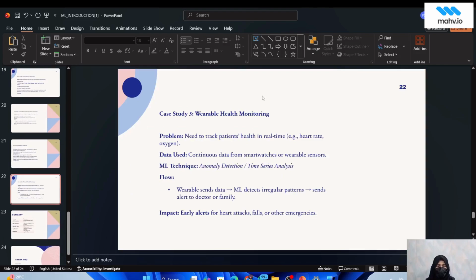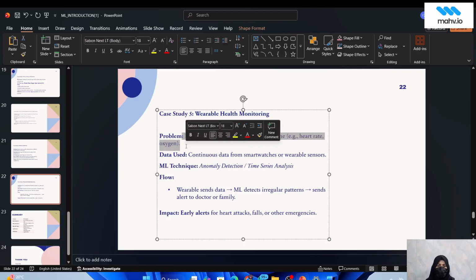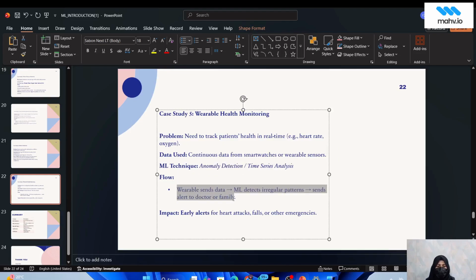And then there is wearable health monitoring, in which we need to track the patient's health in real time, for example heart rate and oxygen. The data used is continuous data from smartwatches and wearable sensors. The ML techniques are time series analysis and anomaly detection, and this is the same flow: first we gather the data, then we train the model, and then we get the output at the end.